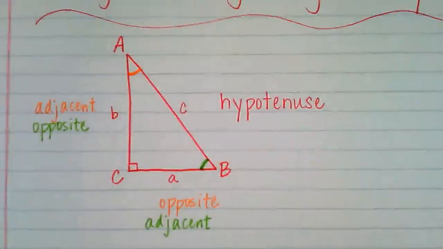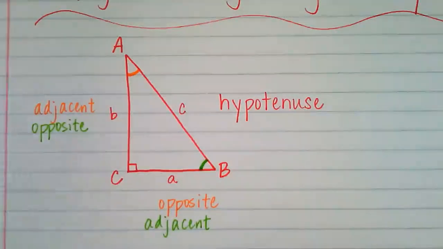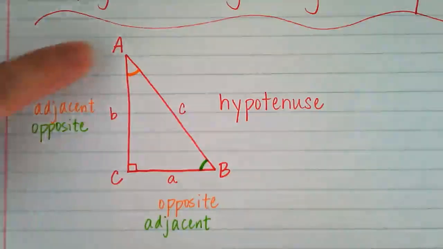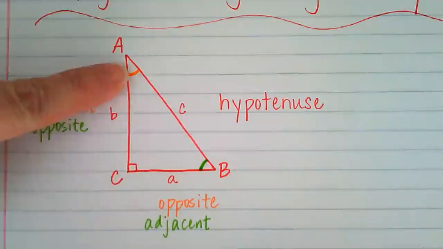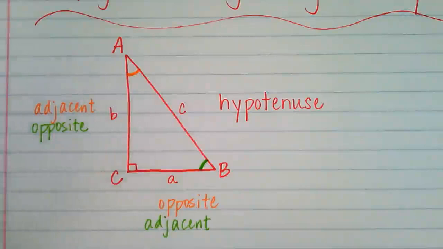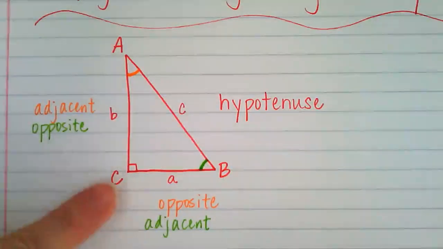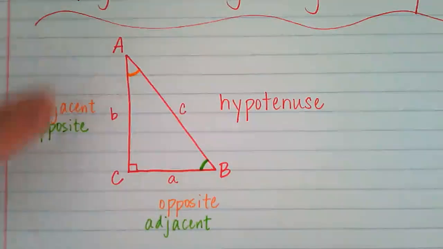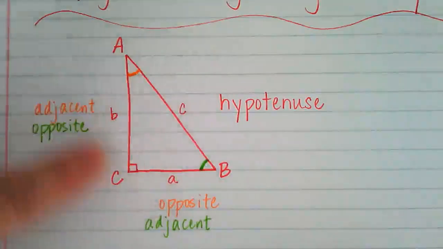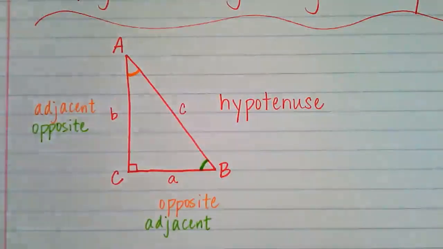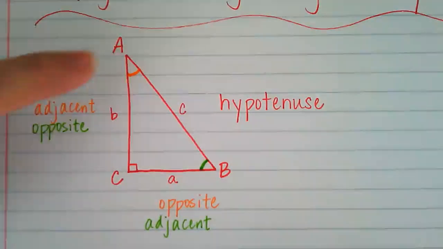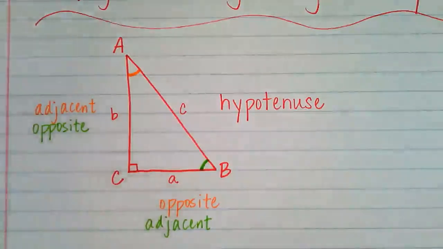Up until this point in your life, you know that you can find an angle of a triangle if you know two other ones, or maybe if you knew they were congruent, you could do some manipulating with the numbers. We know with right triangles that the Pythagorean Theorem will help us determine a missing side if we have two of them. But now trigonometry is going to allow us to relate the angles and the sides together.